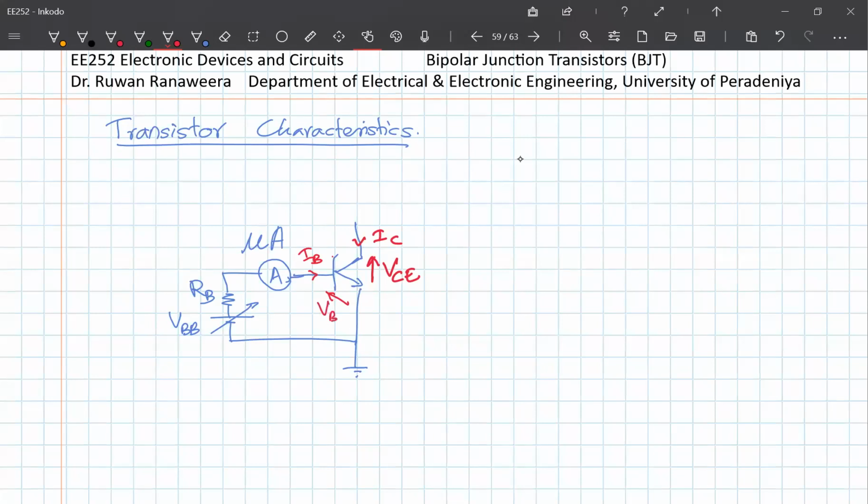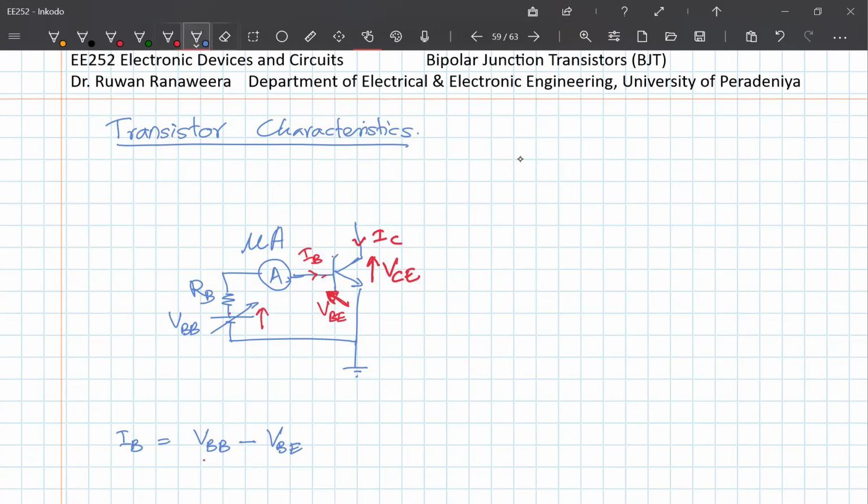As I change VBB, if you apply Kirchhoff's voltage law, IB is equal to the current here, which is VBB minus VBE, the voltage between this and that, divided by RB, since there is only RB here.